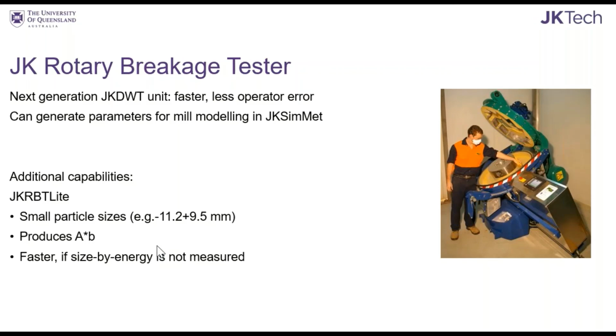So again, this is perfect for Geomet and variability test work. But it can't produce the A and the b individually, so it can't be used in any modeling work. But we've used it in many cases for internal geometallurgical projects with a great deal of success.